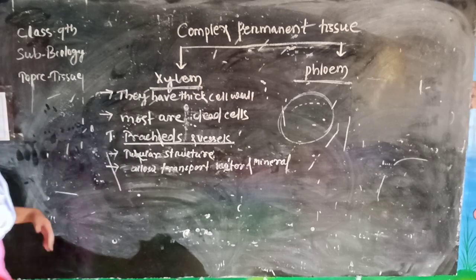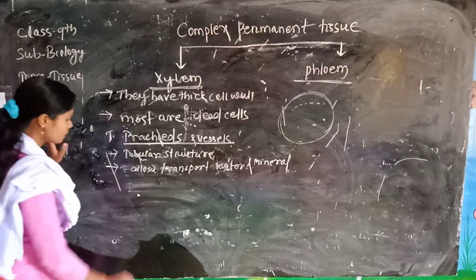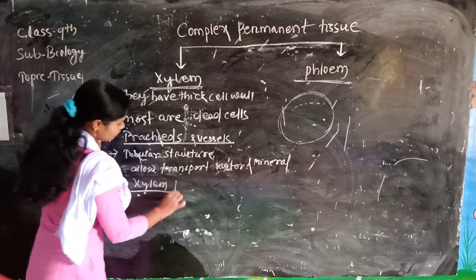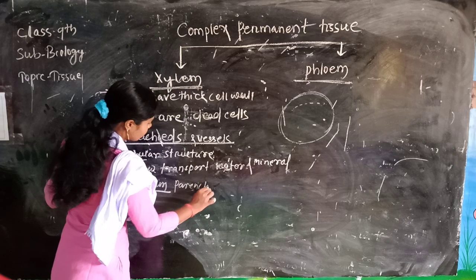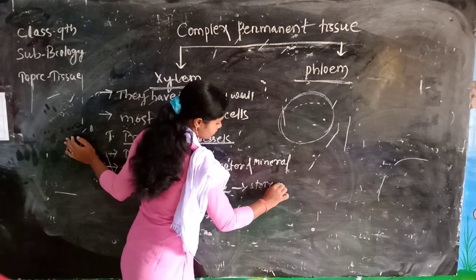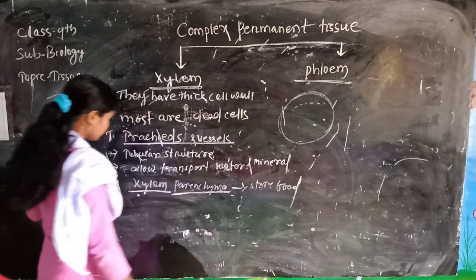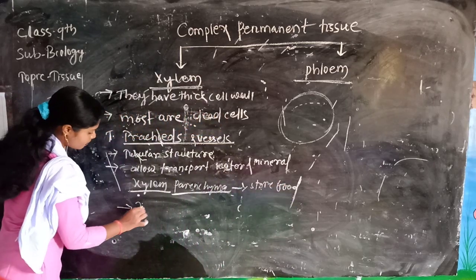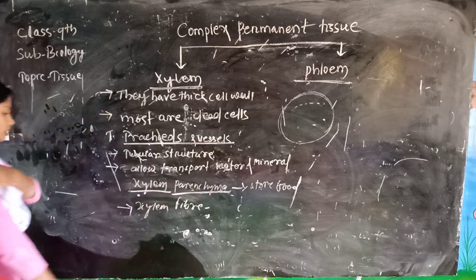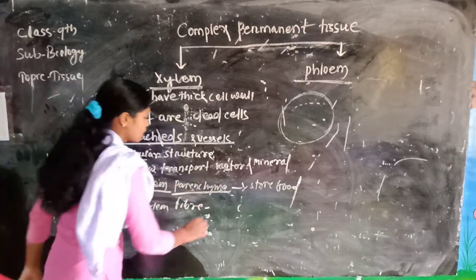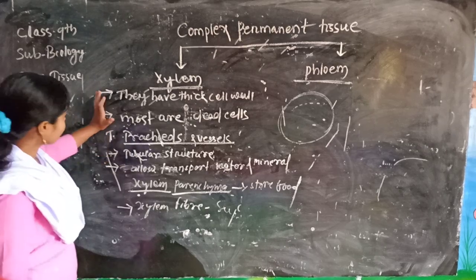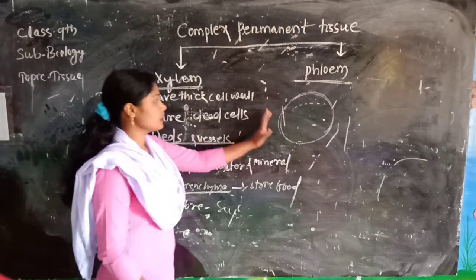The function of xylem parenchyma is to store food. Then another is xylem fiber. It is supportive in function. So these are the constituents of xylem.